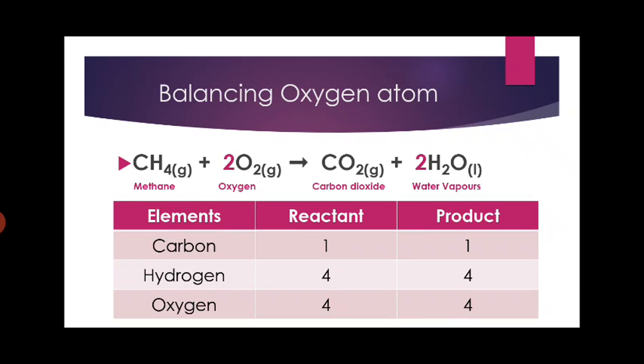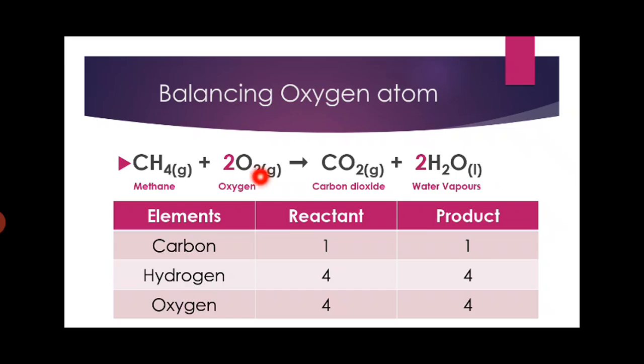For balancing the oxygen atoms, we have to place 2 beside O2, because on the reactant side there are fewer oxygen atoms, so we place this 2 with this O2 to make 2 into 2, 4. Now oxygen is balanced. After placing this 2 with O2 and the 2 with H2O, each and every atom on the reactant and product side becomes balanced.